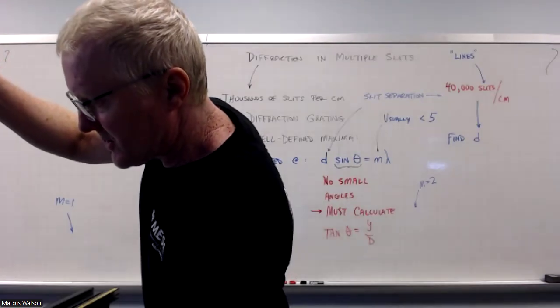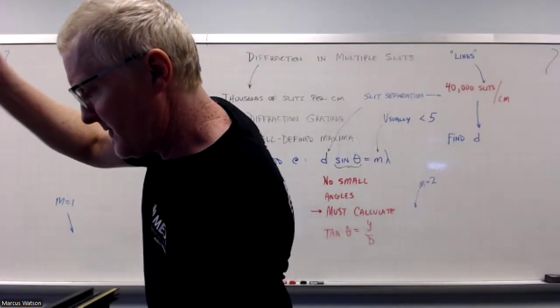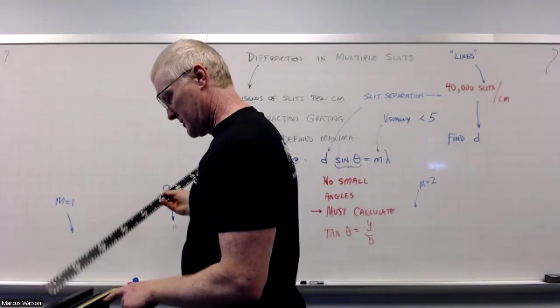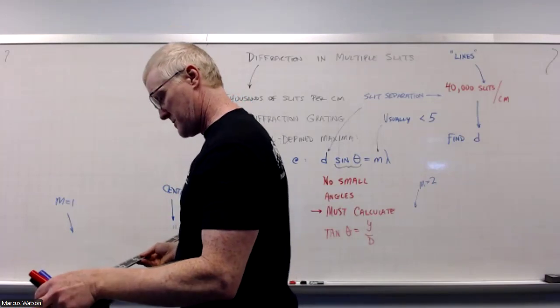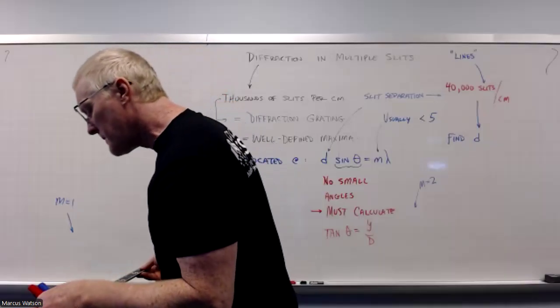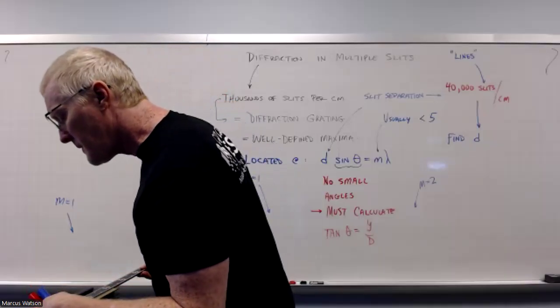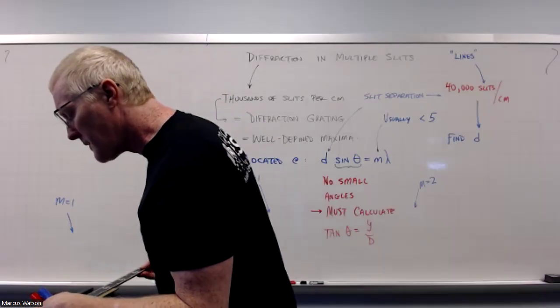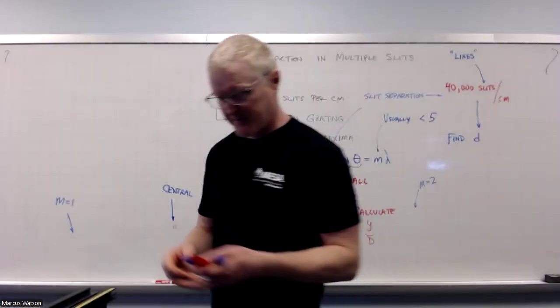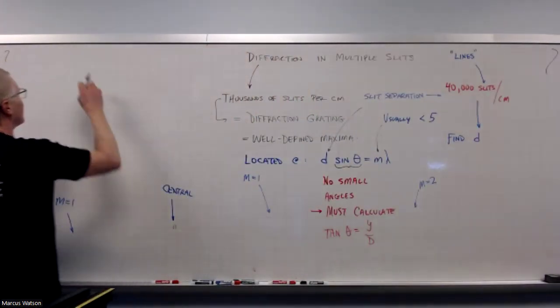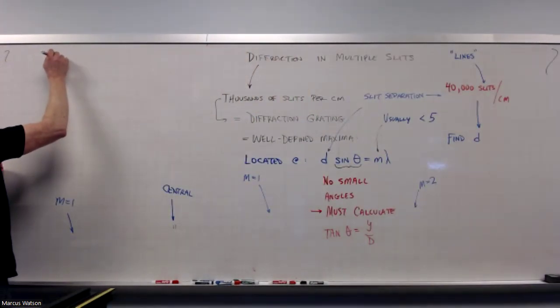That's at 55. All right, so the distance from slit to screen is 1.33 meters. Let's find the wavelength of the laser I was just using here.